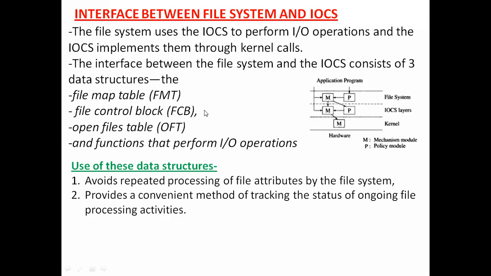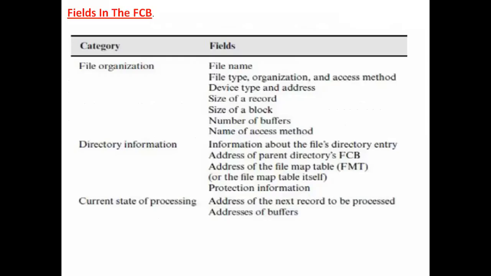We have seen the various fields present in the file control block already, as well as the variety of sources from which those fields are derived, as discussed regarding this particular table.